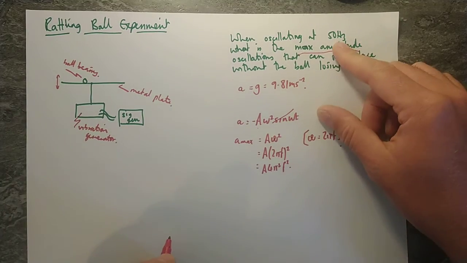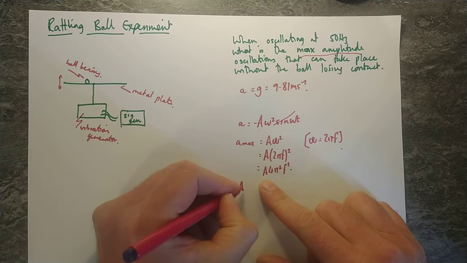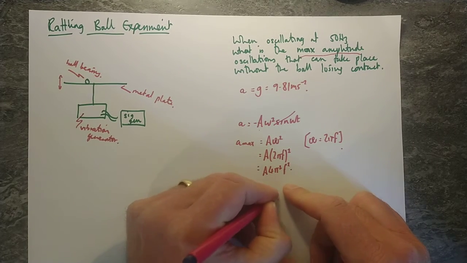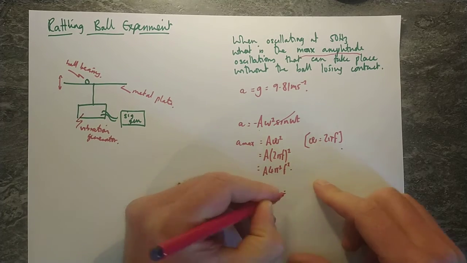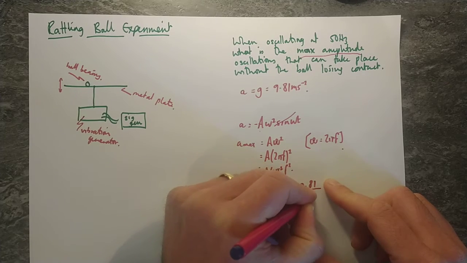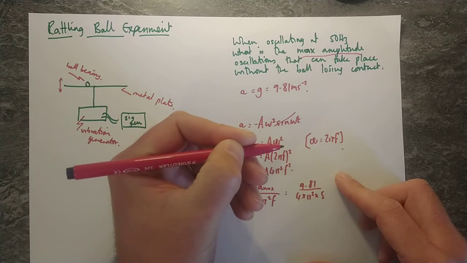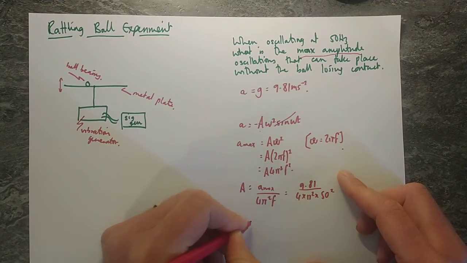We've got a fixed frequency here of 50 Hertz, so we want to know what the amplitude is. So A equals a max divided by 4 pi squared f squared, which is 9.81 divided by 4 times pi squared multiplied by 50 squared.